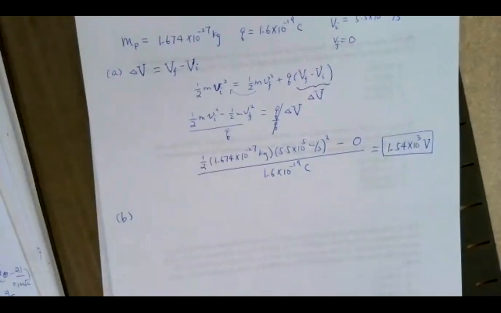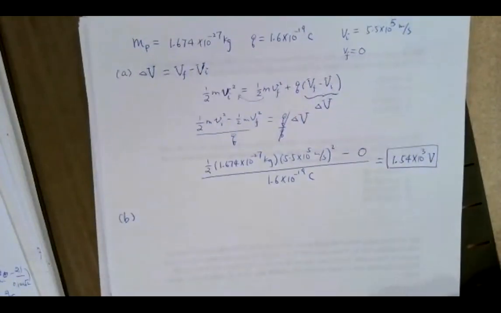So that's A. And then B is asking us what potential difference is required to reduce the initial speed of the proton by a factor of 2.